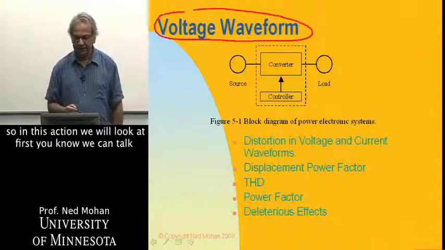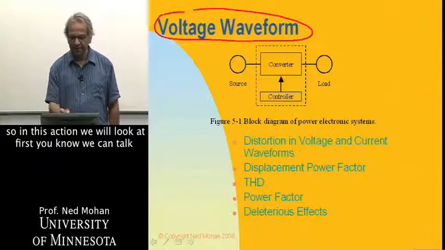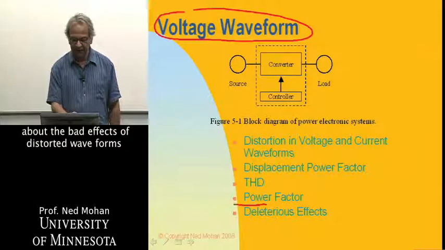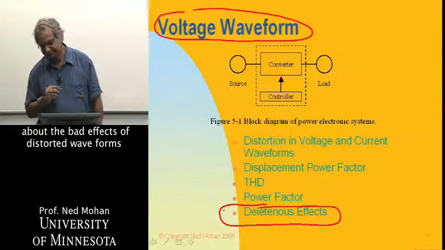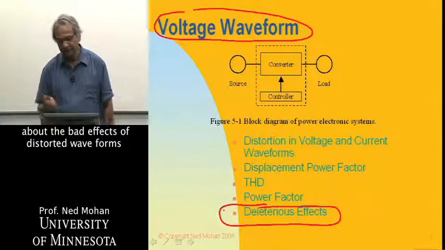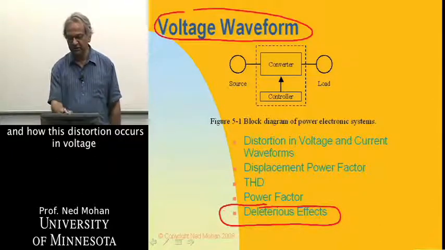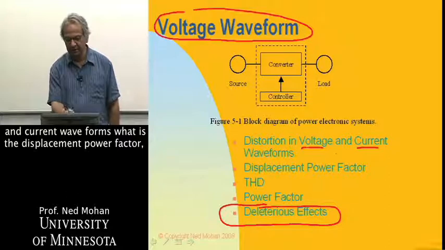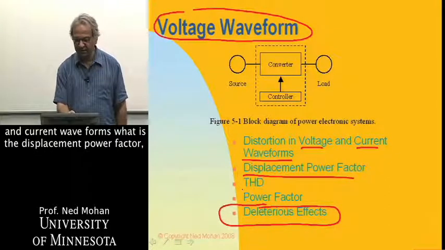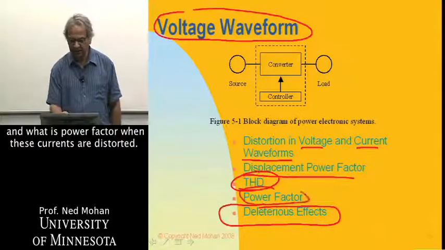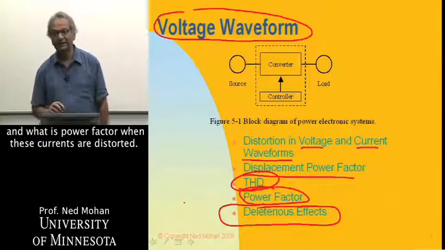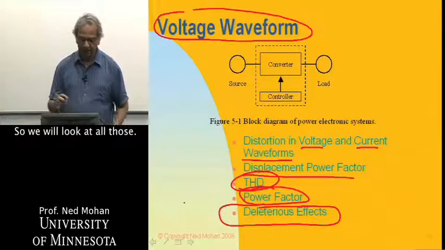Okay, so in this section we will look at first, we can talk about the bad effects of distorted waveforms and how this distortion occurs in voltage and current waveforms. What is the displacement power factor, what is total harmonic distortion, and what is power factor when these currents are distorted. So we will look at all those.